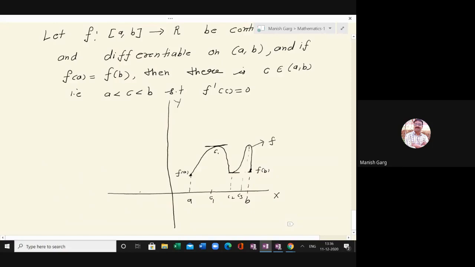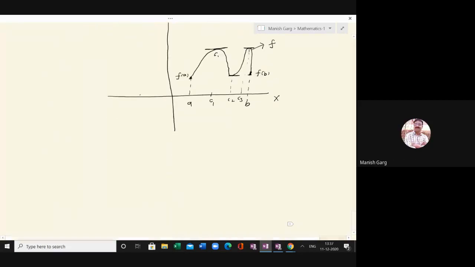There may be one or more than one. The tangent at that point will be parallel to the x-axis. Is the geometric interpretation clear? Yes or no? Yes, sir. Okay. Now let us take some examples on Rolle's theorem.